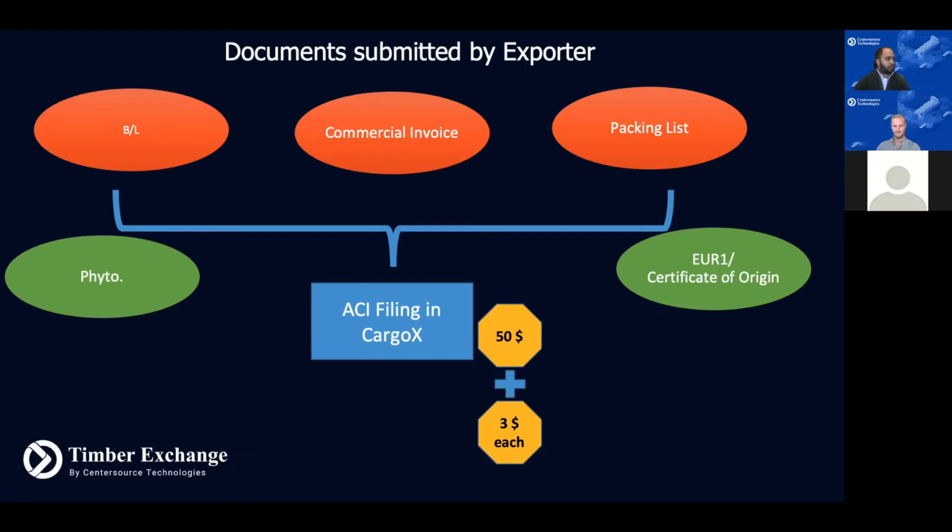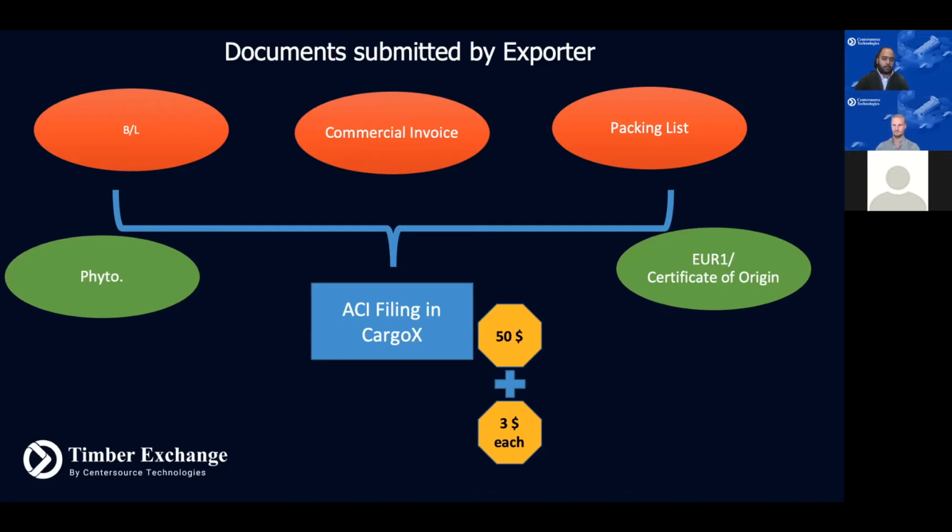As with any normal shipments, you have to upload all the documents related to your shipment. So in our case, in forestry industry, those are the needed documents. Of course, you have to ensure that all the 3 ACID elements that we talked about are on those documents.